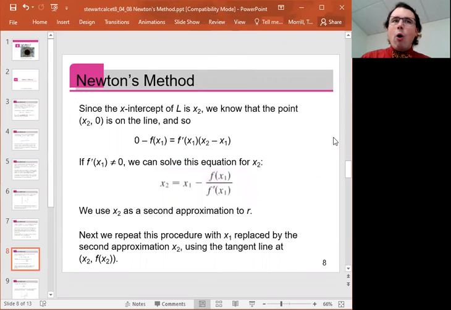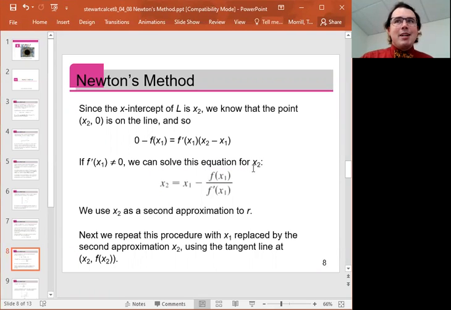I'm going to replace my old guess, x1, by subtracting off the value of the function, f of x1, divided by the derivative of the function, f prime at x1. So I'll have some real number x, and this formula gives me my new guess.